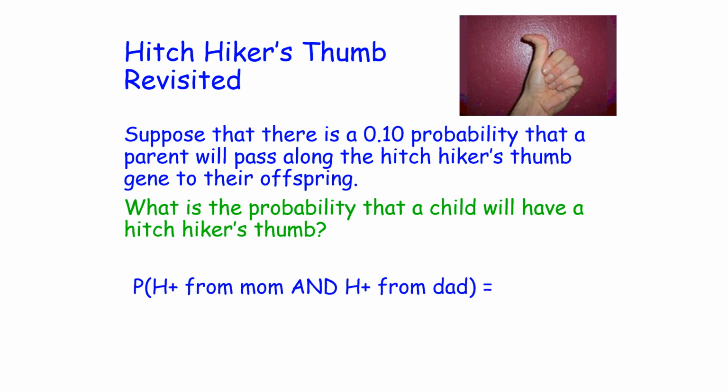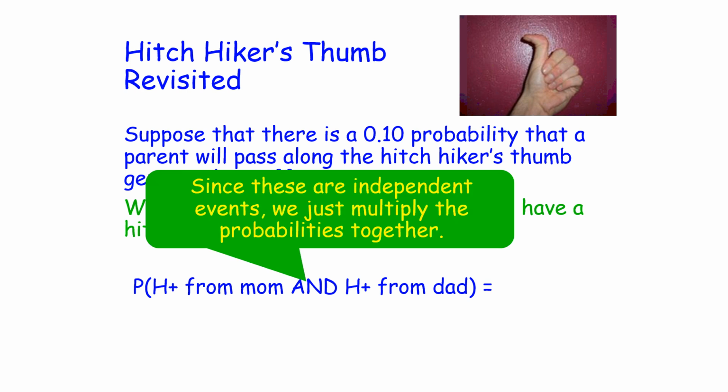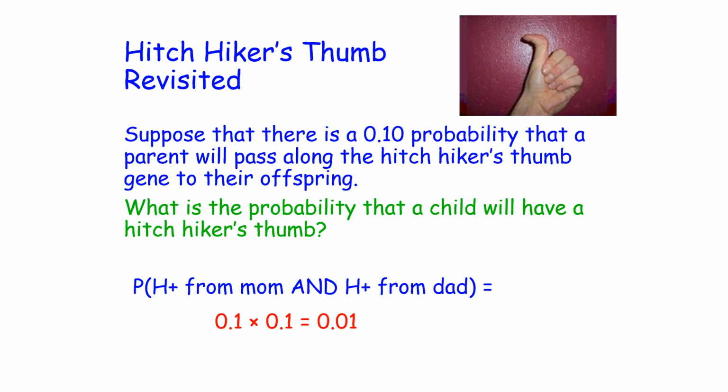So we want to know the probability that you get an H+ from mom and an H+ from dad. Since these are independent events, we just multiply the probabilities together. So we would take 0.1 times 0.1, which would give us 0.01.